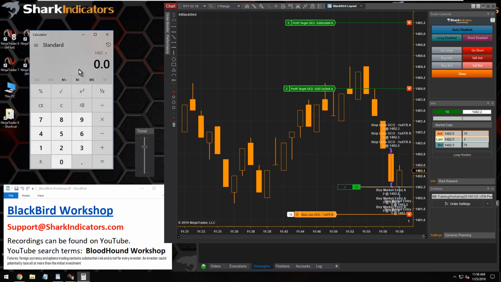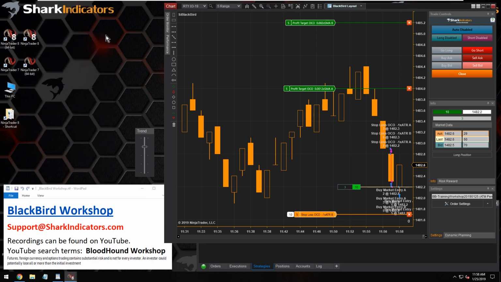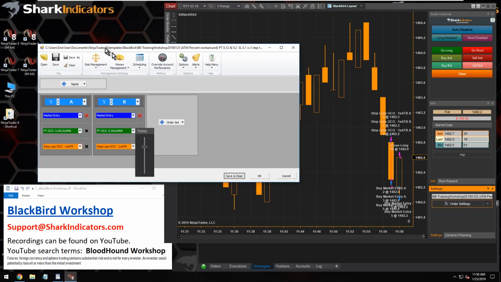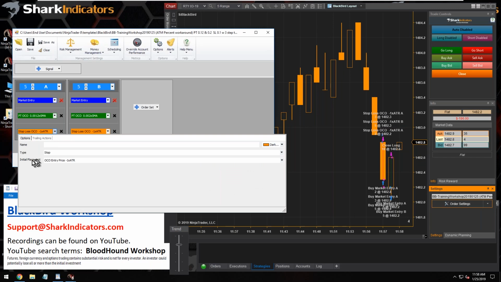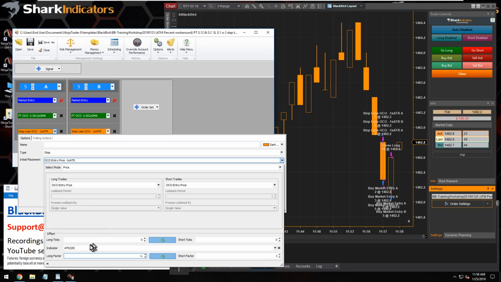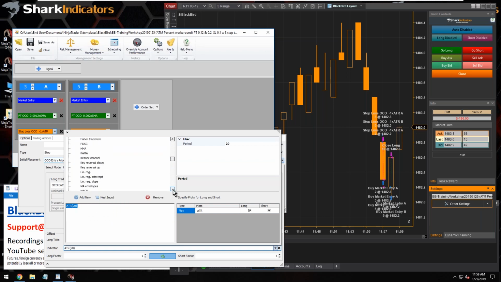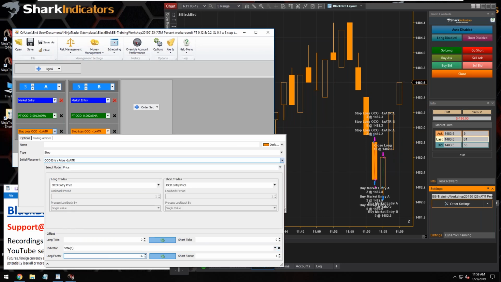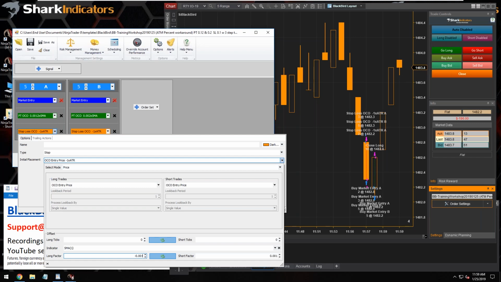Oh, I didn't convert the initial placement of the stop loss over. So, let's backtrack here. Yeah. There we go. The initial placement is still set to the ATR, so let's switch that over.